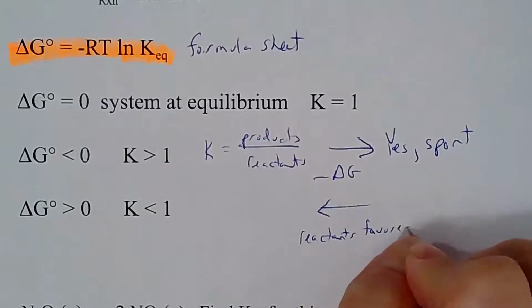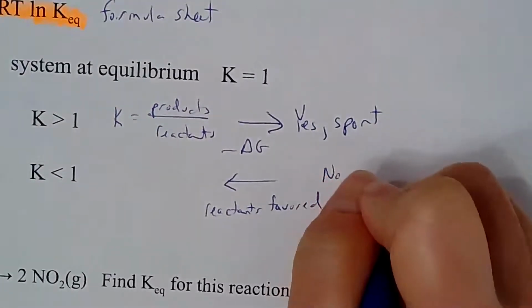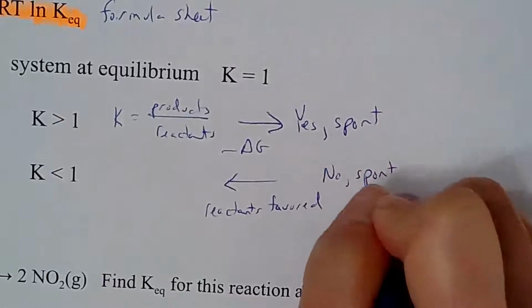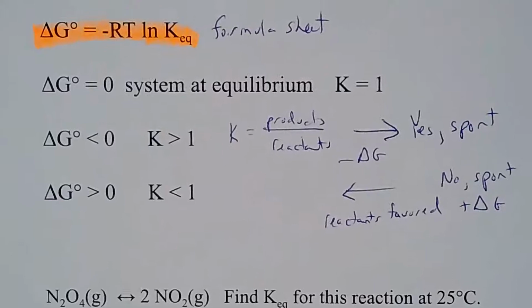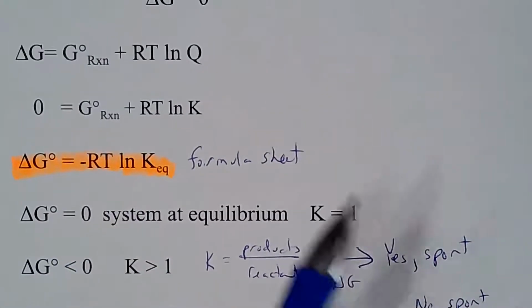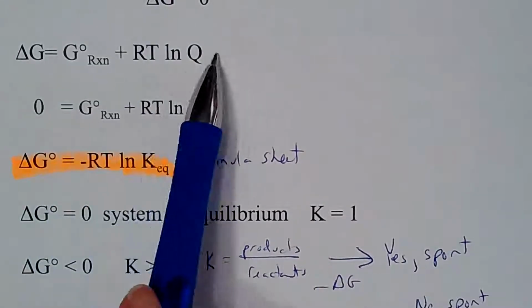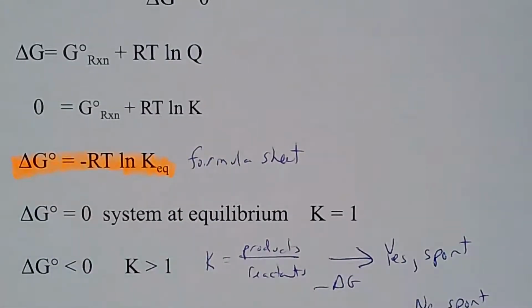This is where I feel it all comes together. So the reactants are favored, so that means no, it is not considered to be spontaneous, and your delta G turns out to be positive. Okay. So that's why this equation is so very helpful. And the reason I showed you the other equation was just to get to this one. Okay, so this is the one that you need to know.